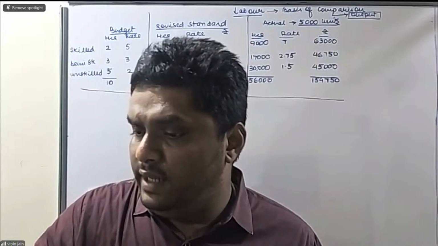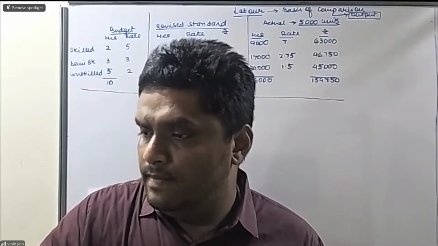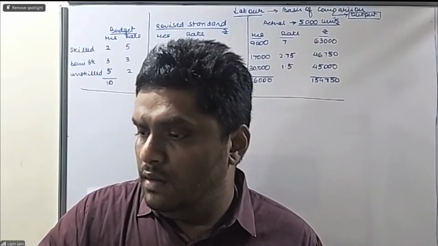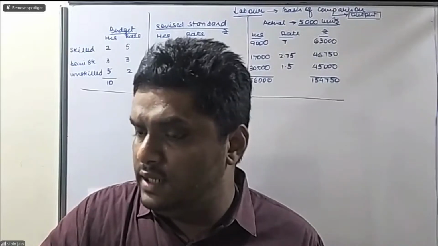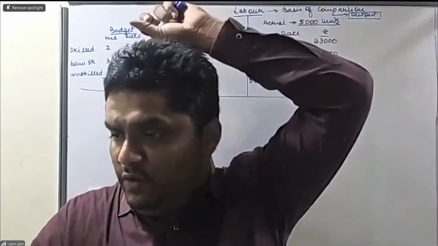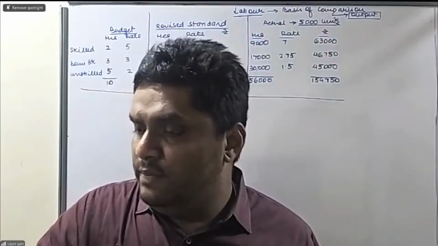Very good, Anjali, correct answer. Neeru, your answer is incorrect. Dev Kumar, again, incorrect answer. I'm surprised why you guys are not getting correct answer. This data is given for 1 unit. We have to make it equal to 5,000 units. Very simple, guys.